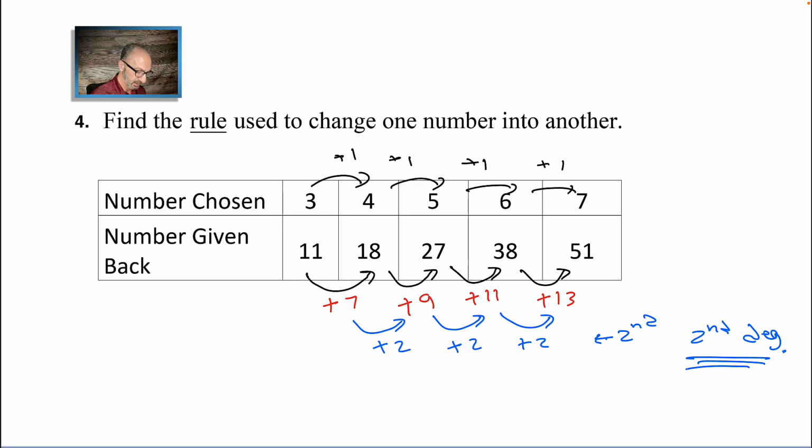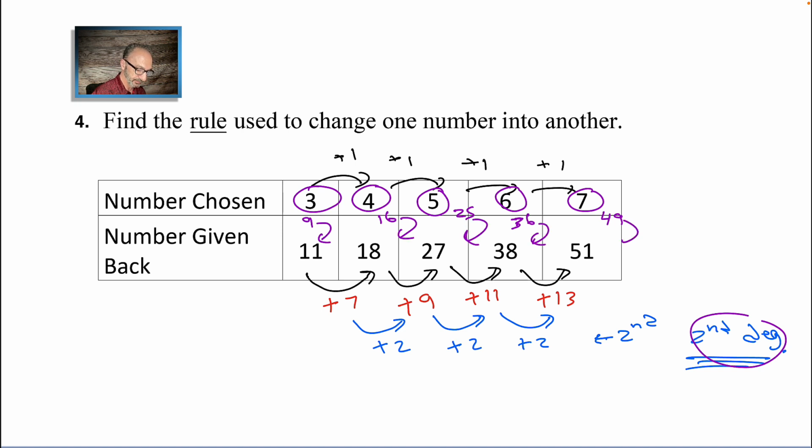We'll just make it with analyzing, let's say, and quick guess and check. 3 squared is 9. 4 squared, that's 16. 5 squared is 25. 6 squared is 36. And 7 squared is 49. But notice from 9 to 11, you add 2. So you need to adjust them by 2, as you could see.